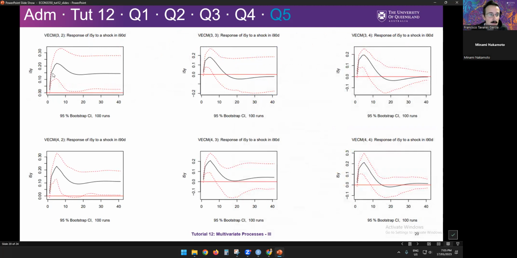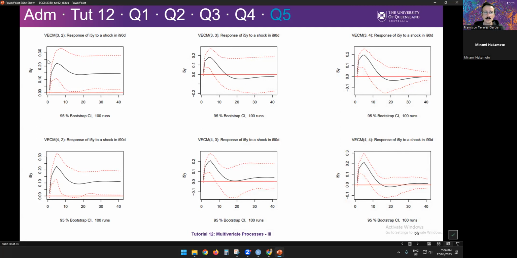All of them start pretty much the same, going up. It's pretty positive. It touches the 0.2, not different. But look, for 2 restrictions or co-integration rank 2 and 1 restriction or co-integration rank 3, for 2, it keeps on 0.15, while if you just impose 1 restriction, or if you impose no restrictions, it goes back to 0.